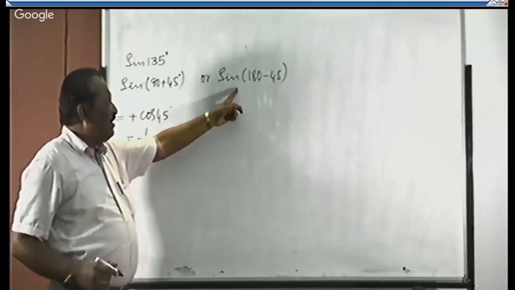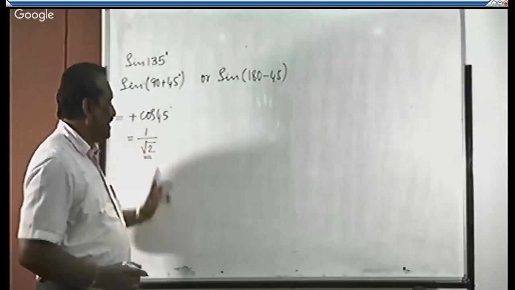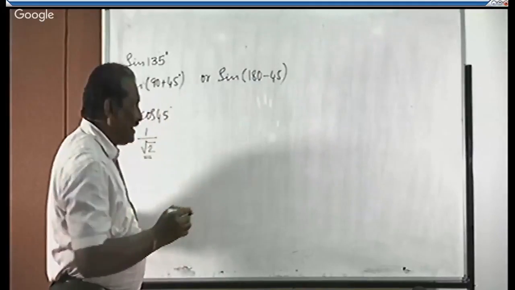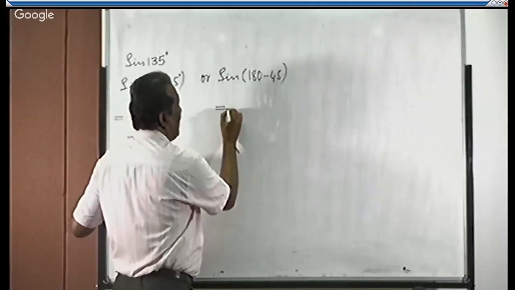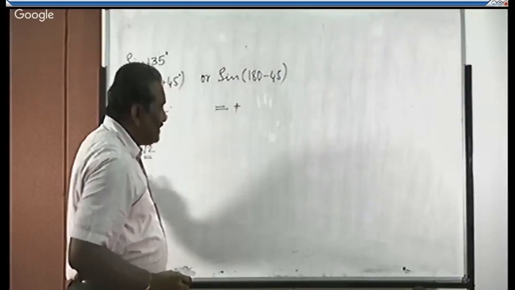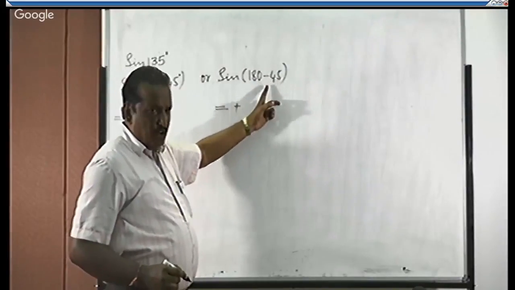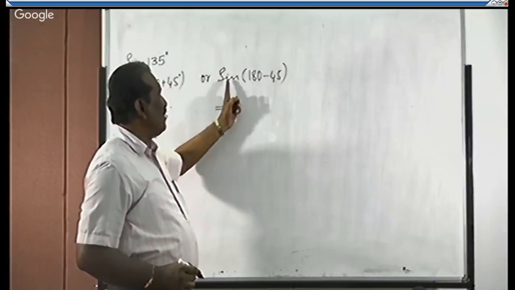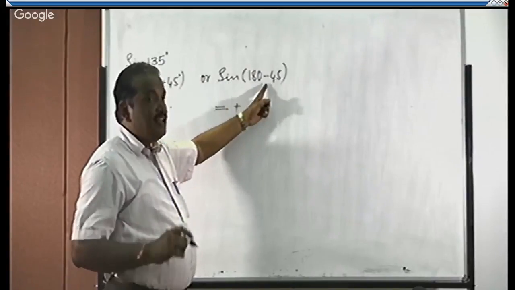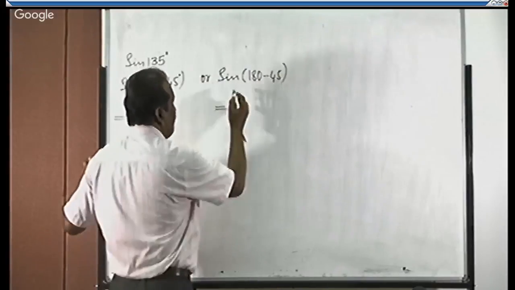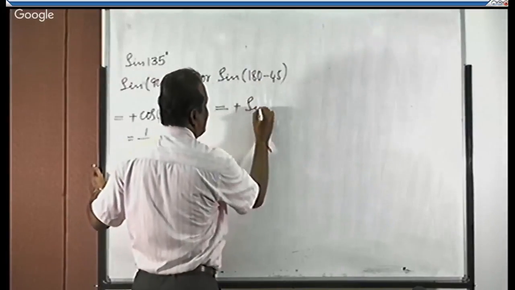So by following this convention also, you will get the same answer. For example, 180 minus theta comes under the second quadrant. In the second quadrant, sine is positive. Since the angle is of the type 180 minus 45, according to our convention, the same trigonometric function should be written on the opposite side. Sine is there, so write down the same trigonometric function.